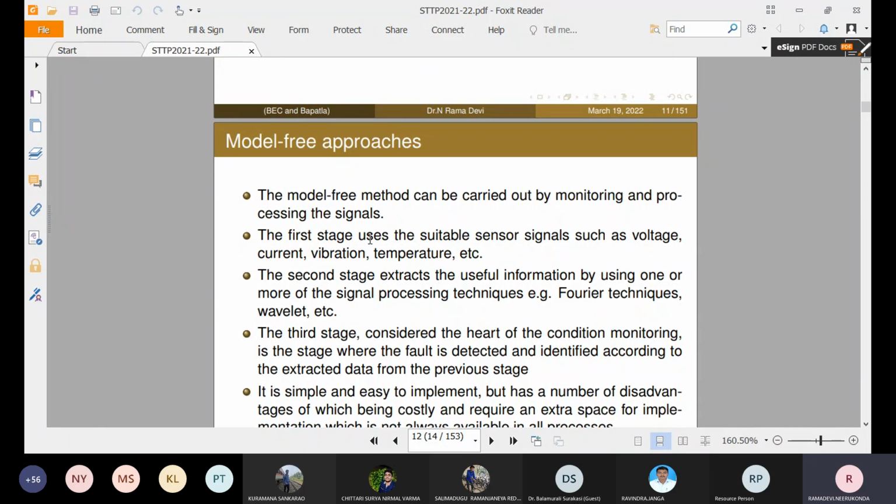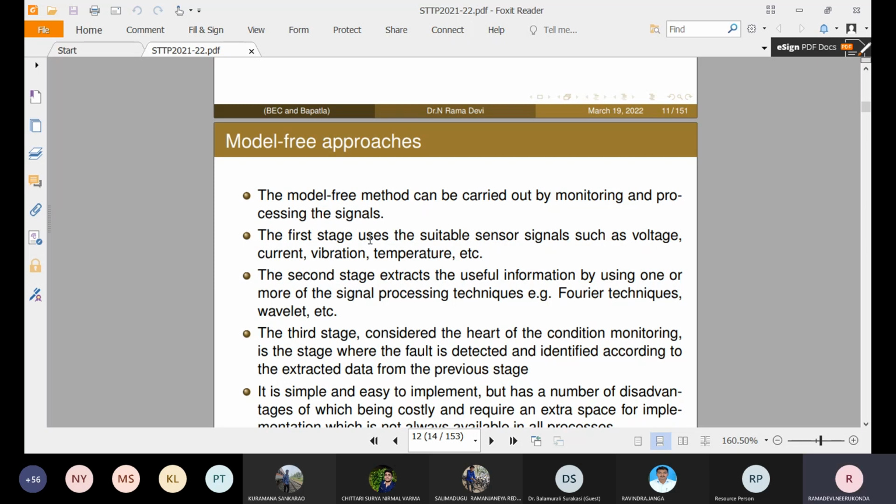That monitored information is given to certain signal processing techniques, like Fourier transform, fast Fourier transform, short time Fourier transform, wavelet transforms, like that. These techniques help to extract the information which we require for the analysis.